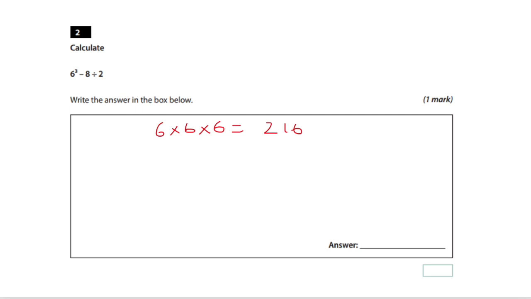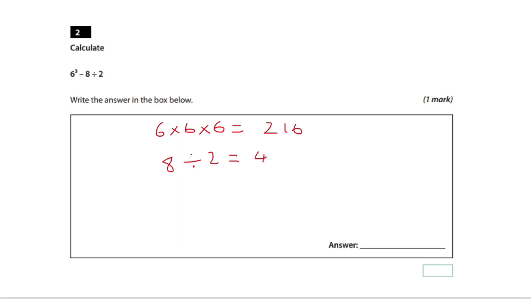And then next, we have to calculate 8 divided by 2, which equals, quite an easy one, 4.